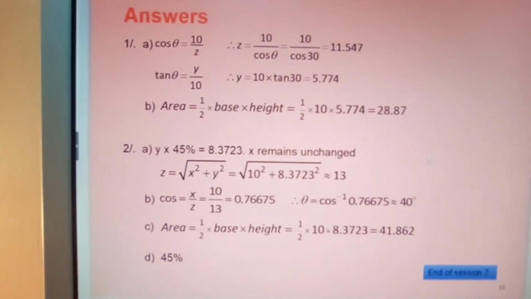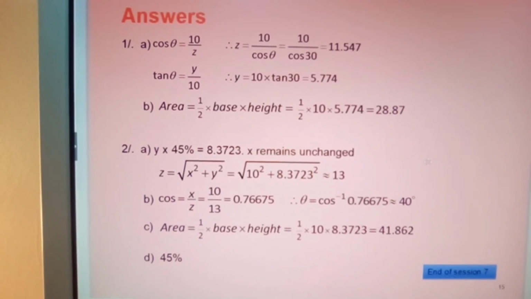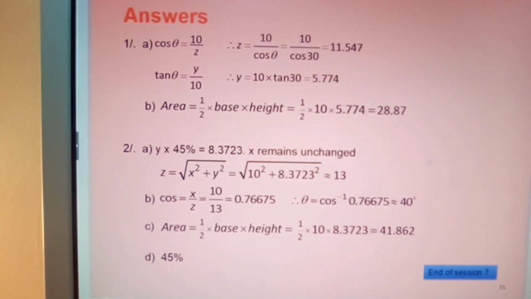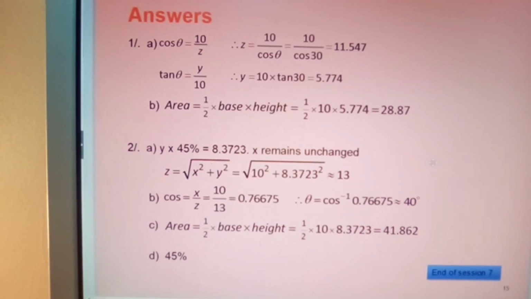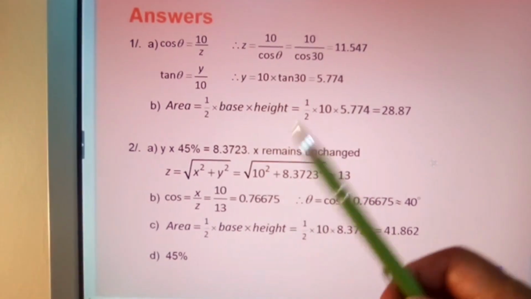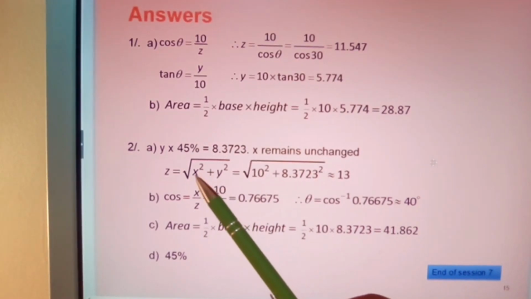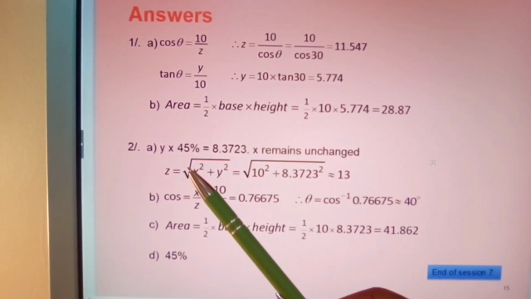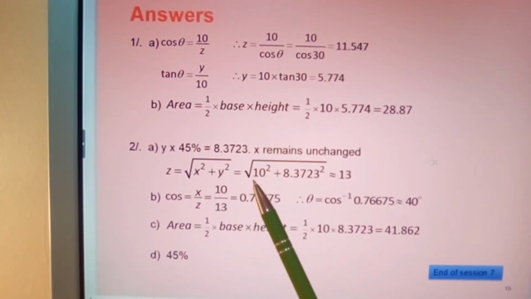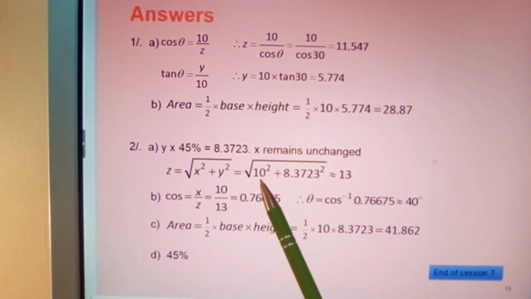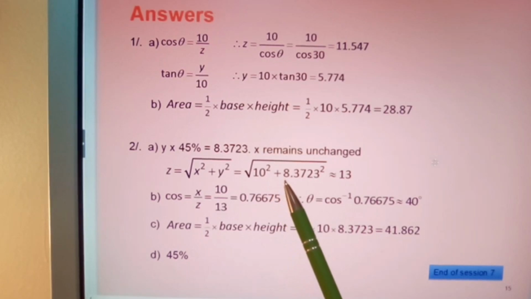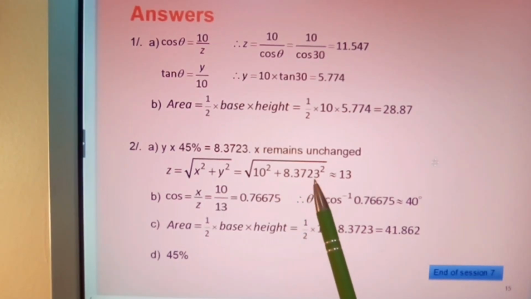And I'll leave it there for you. I don't want to be doing this for you because it will defeat the object of you writing these out for yourselves and doing them for yourselves. Okay. Make sure you write this out. Now x squared equals 10 squared plus 8.3723 squared.